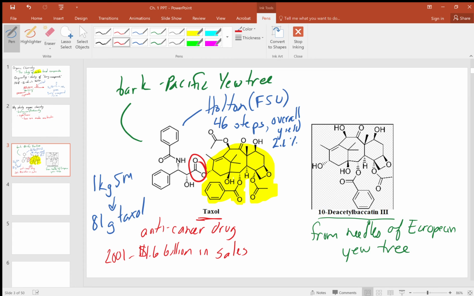And so if you could make the piece on the left, you could combine it with the 10-diacetyl-baccatin-3 that you isolate from the needles of the tree, put those two pieces together, and it ended up allowing for synthesis of this molecule in large enough quantities that it could be used.